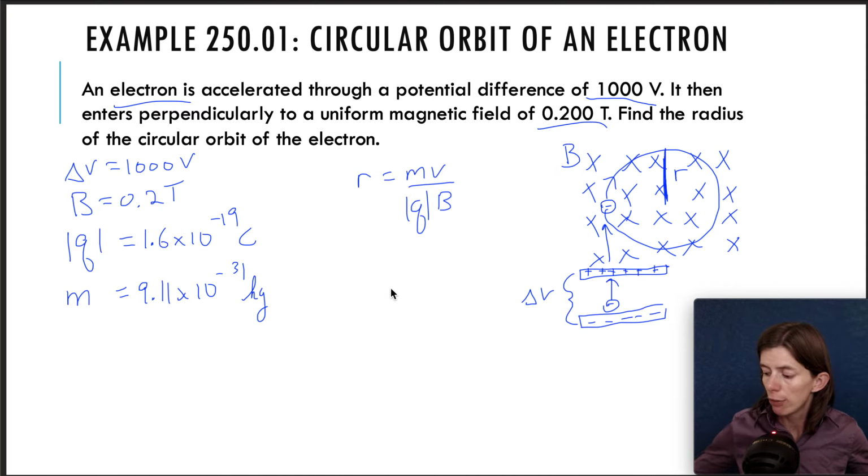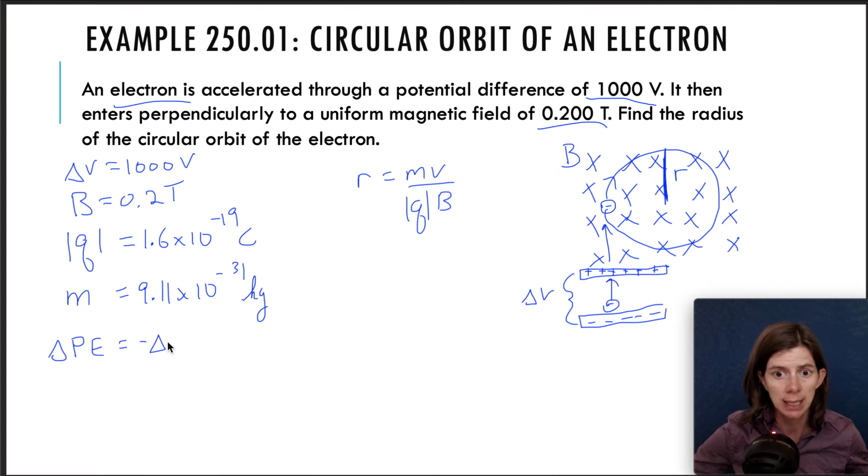The change in potential energy is equal to the negative change in kinetic energy, and the change in potential energy is q delta V. So the change in kinetic energy is going to equal negative q delta V.